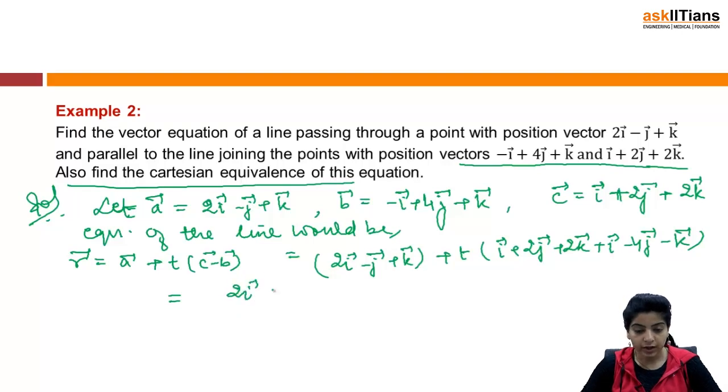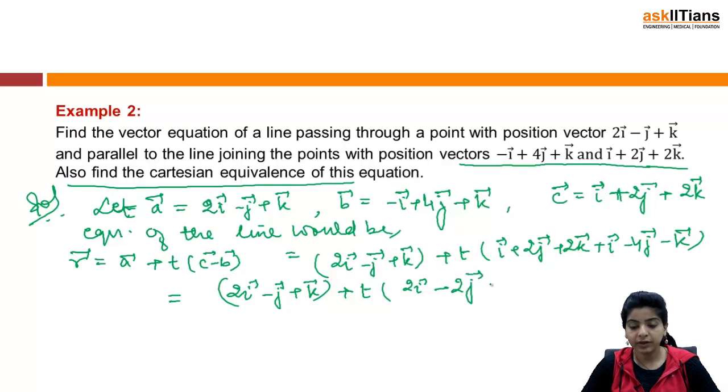So I get 2i minus j plus k plus t times, I have 2i minus of 2j, we have 2j minus 4j, so it becomes minus of 2j, and 2k minus k is k, so we have plus k. This is what we get.